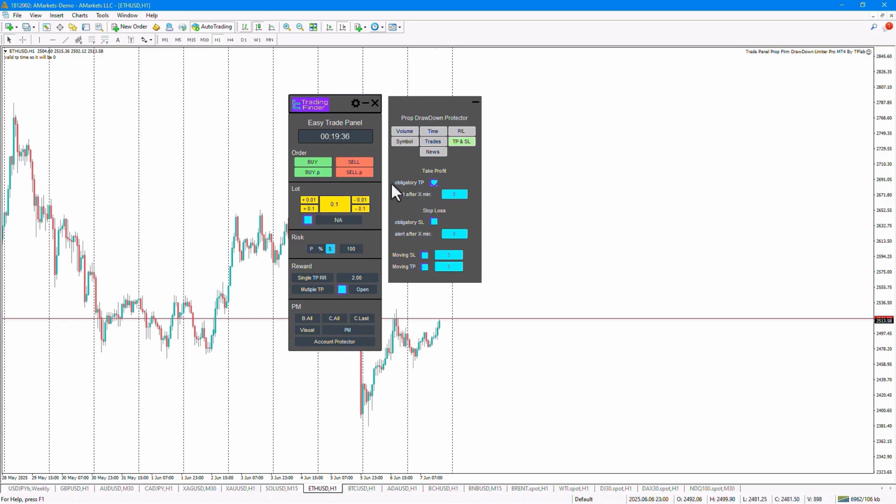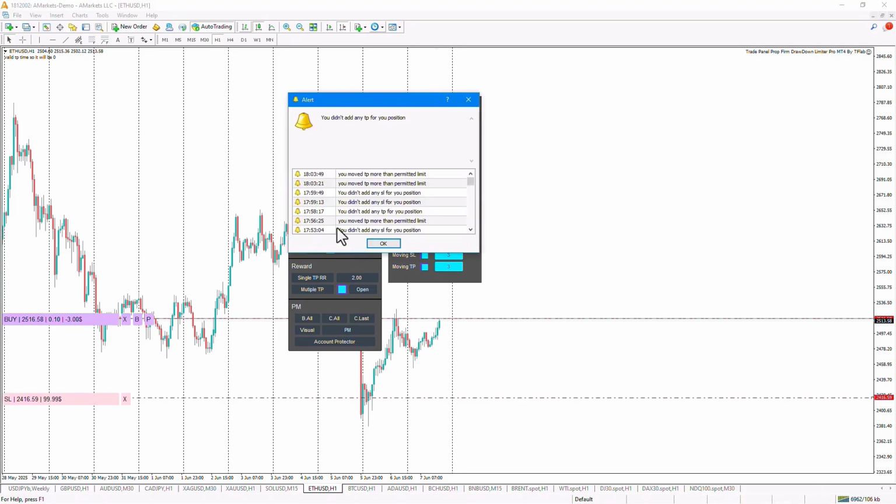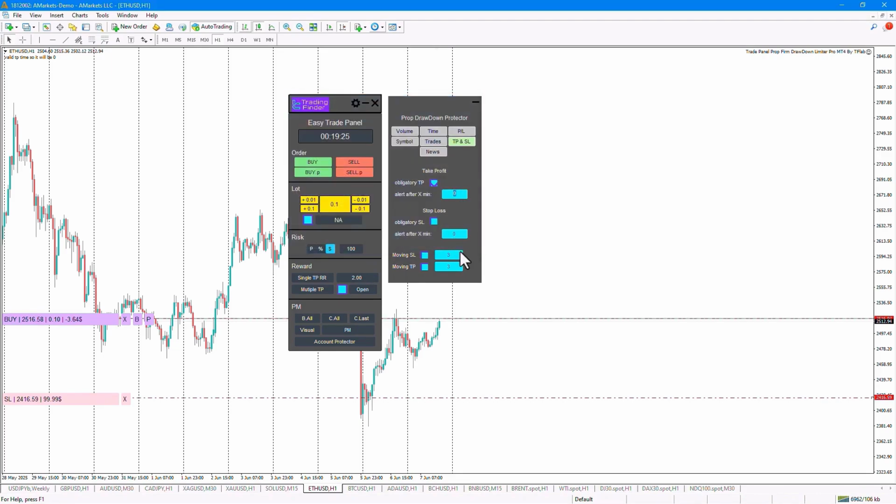If I enable this option and enter a trade, this alert will be issued for me, telling me that I need to set a Take Profit level for my position. In the section below, we can also set our desired time interval. For example, 5 minutes, 10 minutes, 15 minutes, or any amount of time we want.